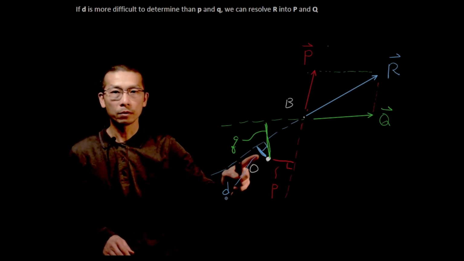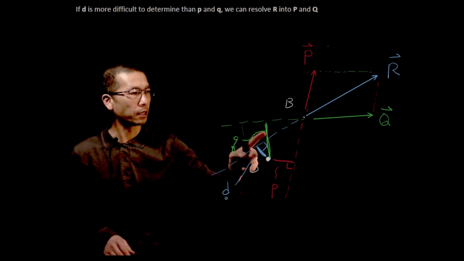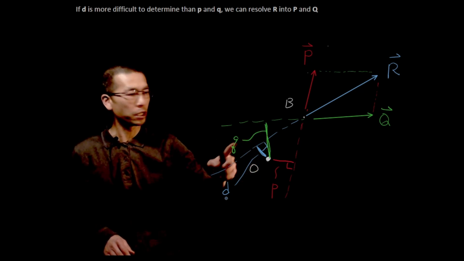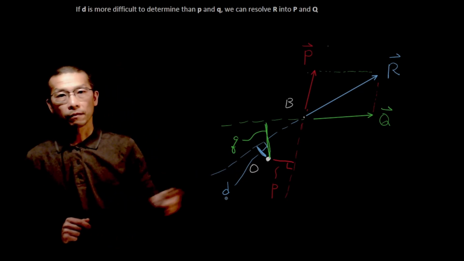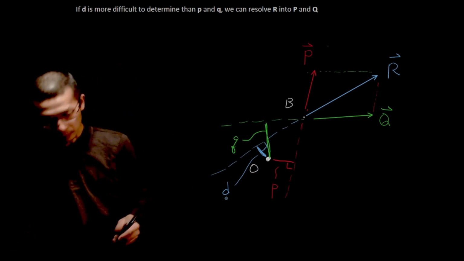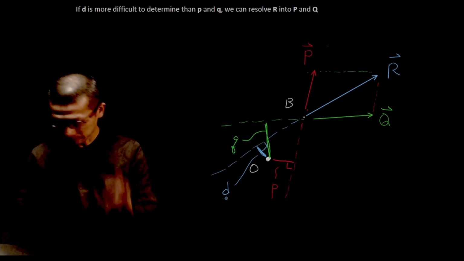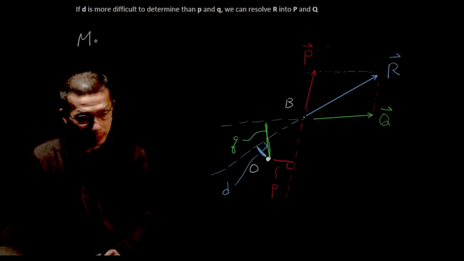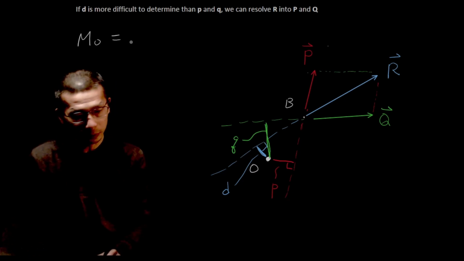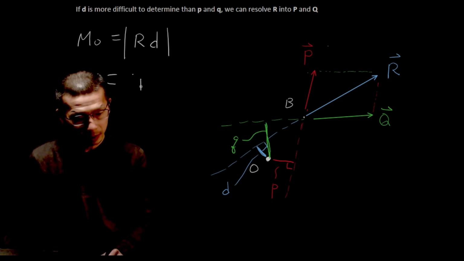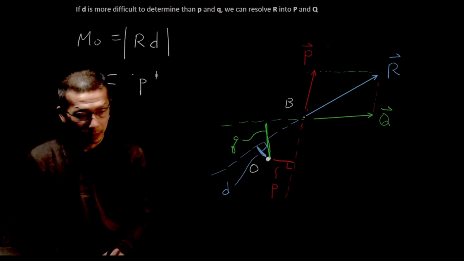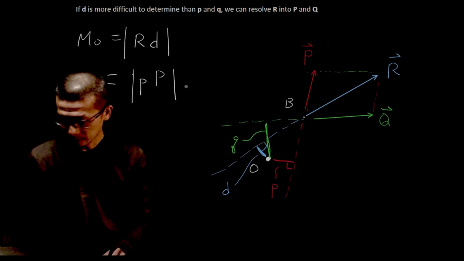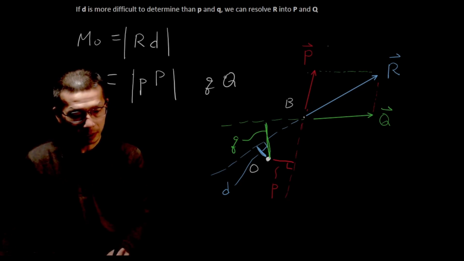Similarly for Q, if you draw this, and this is 90 degrees here, then this is the little q, the distance from O to Q. So now we can write MO, the moment about point O, equal to R times D, and that is also equal to P times p and Q times q.